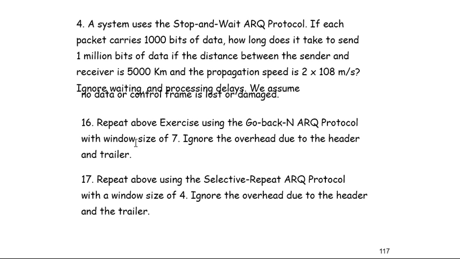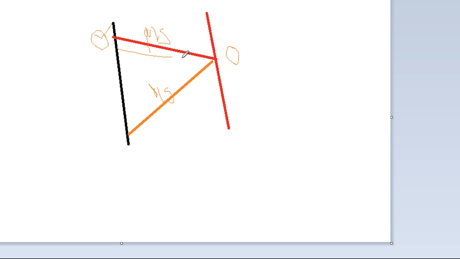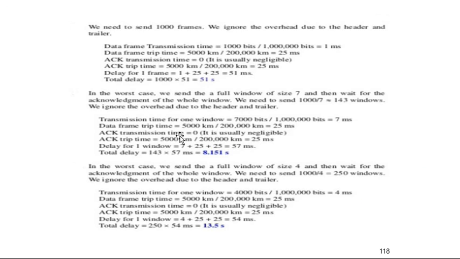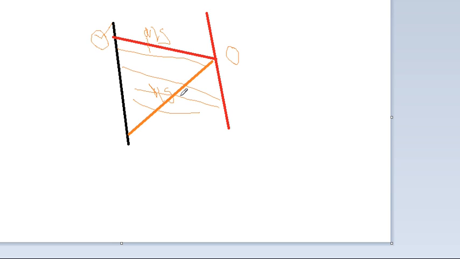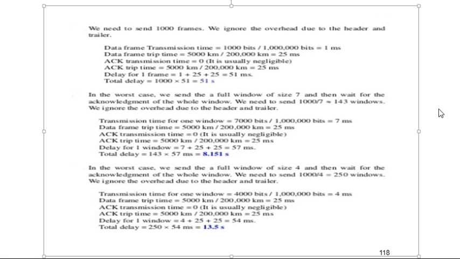Similarly, in go back n, window size was 7. So in go back n, it will send the 7 frames. In the worst case, transmission time for one window would be 7000 by this. So this is 7 millisecond, because it was 1 millisecond for one frame, and you are sending 7 frames at a time, so 7 into 1 millisecond, 7 millisecond.